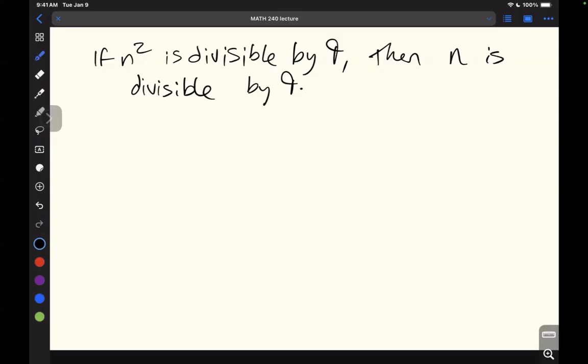All right. Now, how do you prove this? Can you prove this? Yeah. 3 squared is 9, which is divisible by 9, but 3 is not divisible by 9.